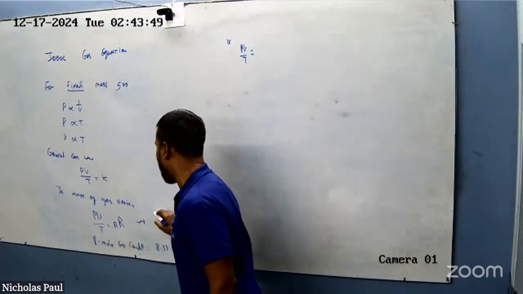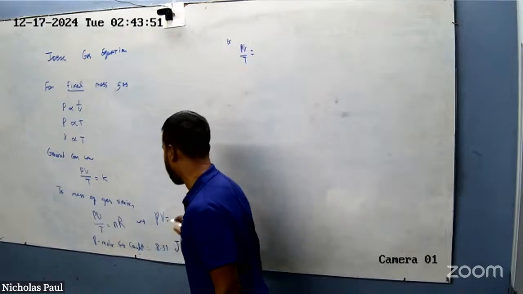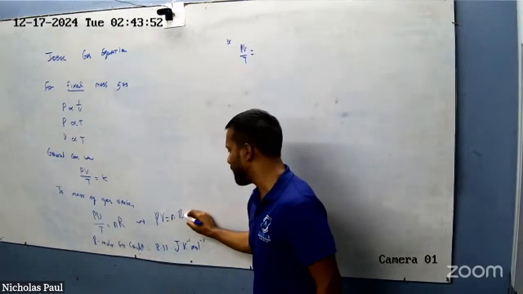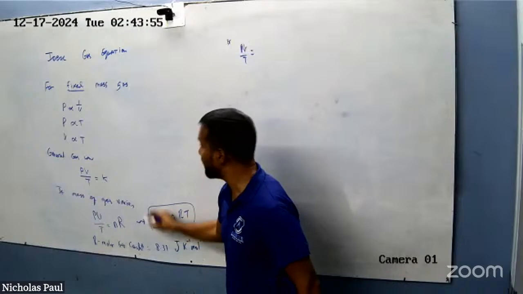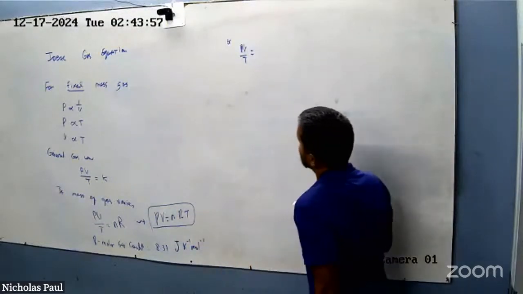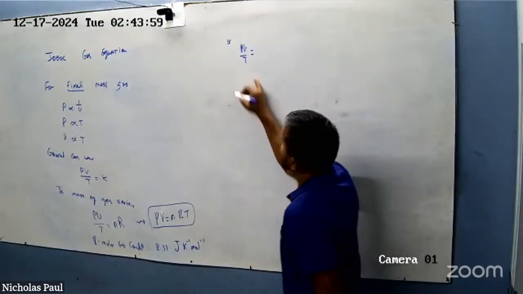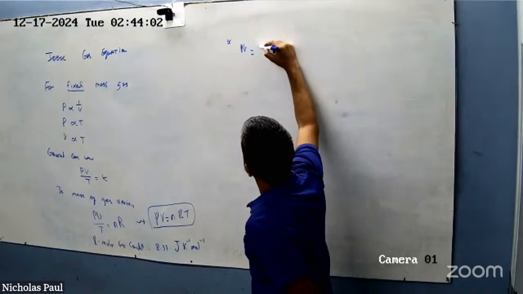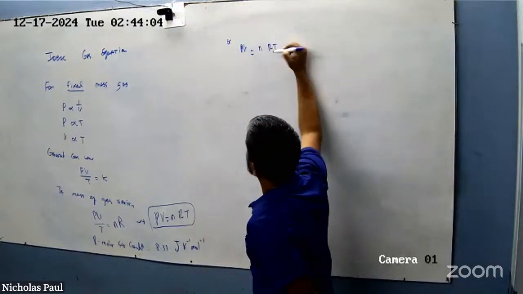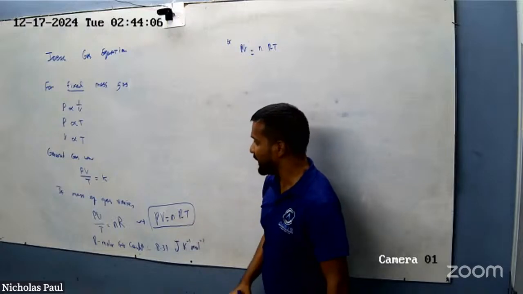More formally, you'll see the formula as PV is equal to nRT. This is known as the ideal gas equation.